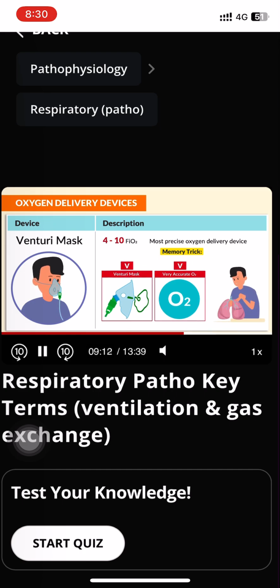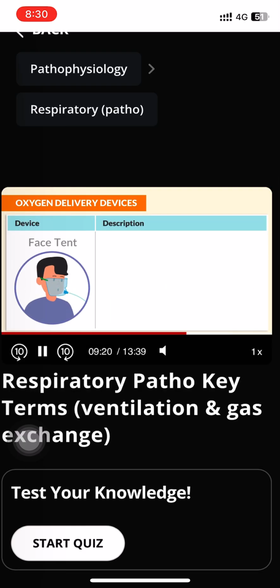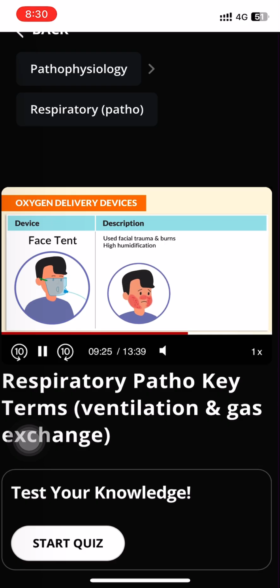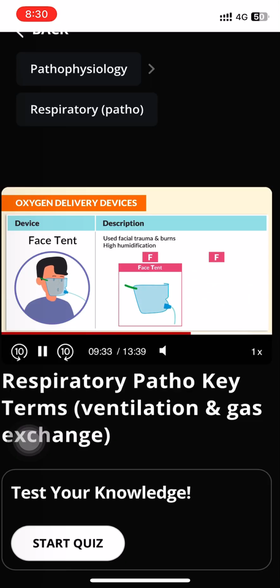Typically used for patients with unstable COPD who cannot tolerate changes in oxygen concentration from other devices. And lastly, we have a face tent. This is specifically used for facial trauma and burns, since it has high humidification. So just think of the double F's here. Face tent for face trauma.